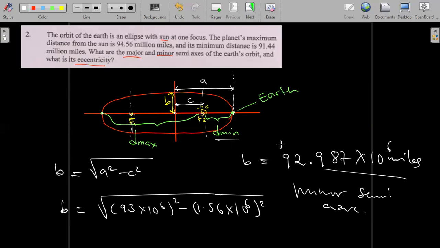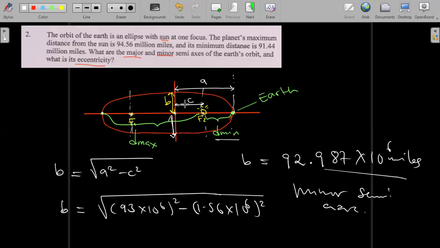So that's our minor semi-axis, and because this is centered at 0, 0, if you're going to write it in terms of either negative or positive, you know that the distance from here to there is the same as from this vertex to the center.